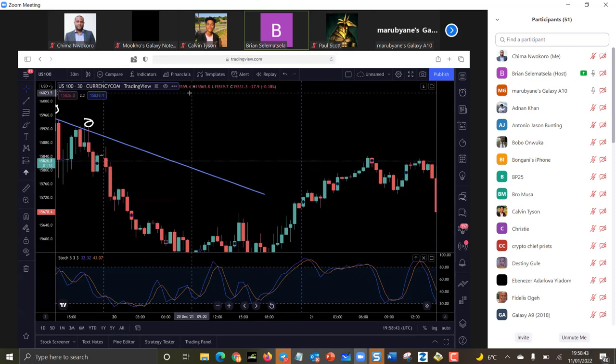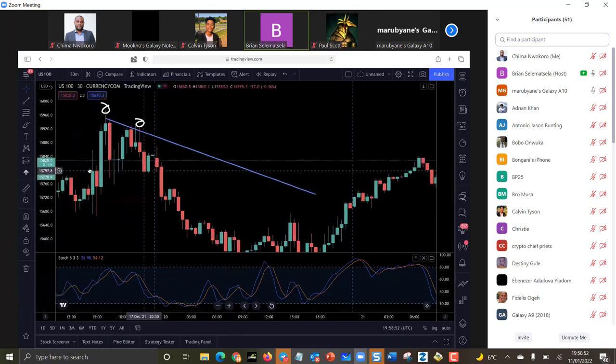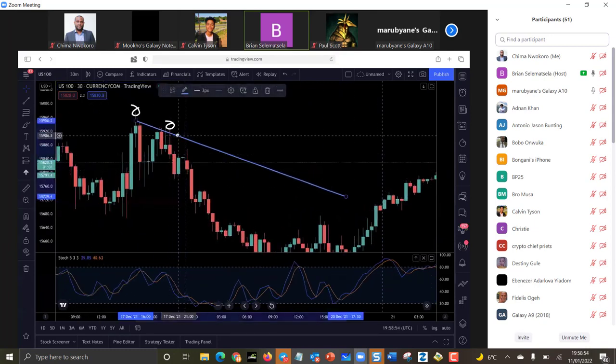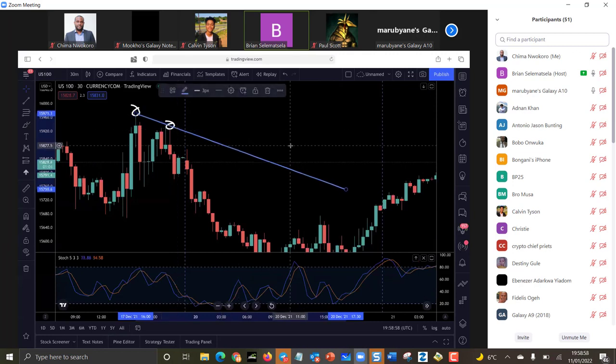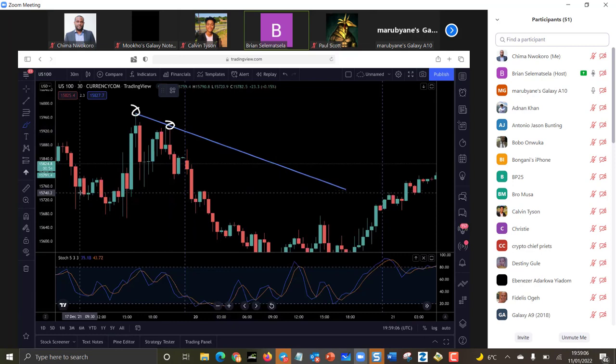Or the breakout will not happen very effectively when it should, because your line is not drawn to represent the actual footprint of the market, where the market actually turned, because these wicks show where the actual market went. The market once came here.